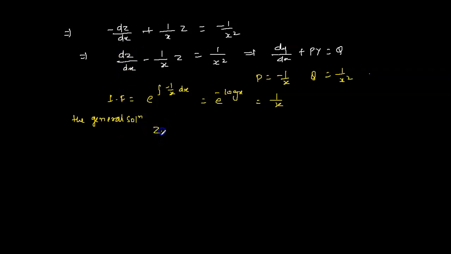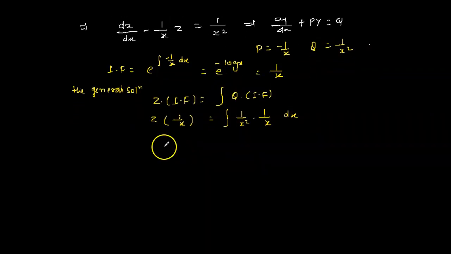So I write z into integration factor is equal to integration of Q into integration factor. Because z into integration factor, 1 by x, is equal to integration of Q. Q is 1 by x square, and the integration factor is also 1 by x only. So you can integrate here.